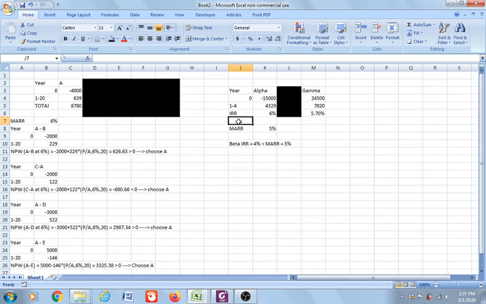We will calculate the total cash flow. The total cash flow of alpha is minus 15,000 times 4 plus 4 times 4329.